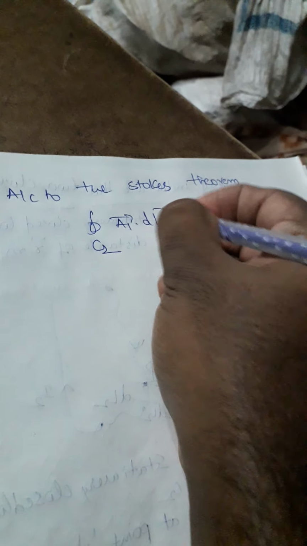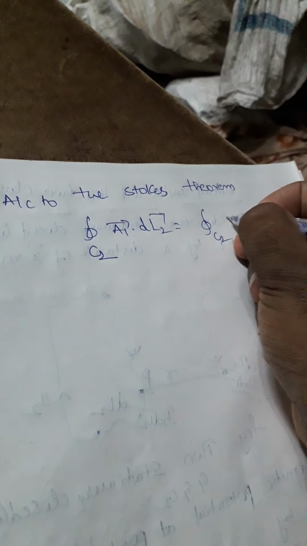Then according to Stokes theorem, which converts a line integral into a surface integral, the closed line integral over C2 of A1 bar dot dl2 bar is equal to the surface integral of curl of A1 bar dot ds2 bar, which is equation number 7.